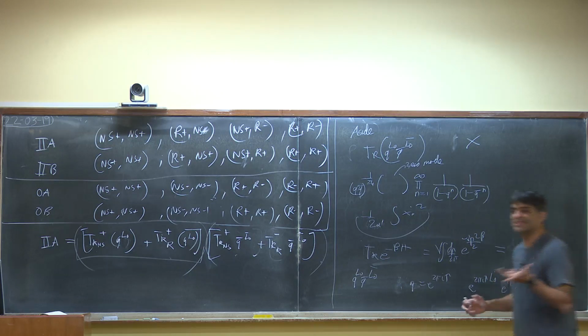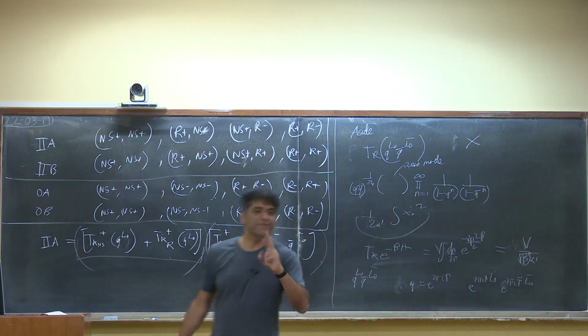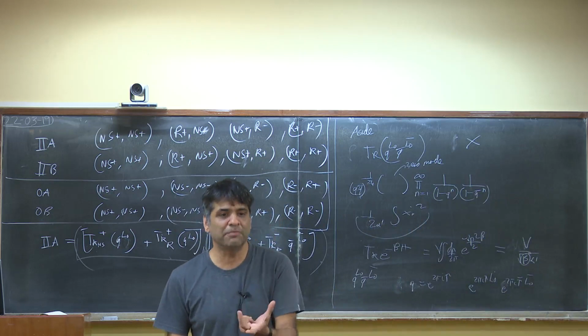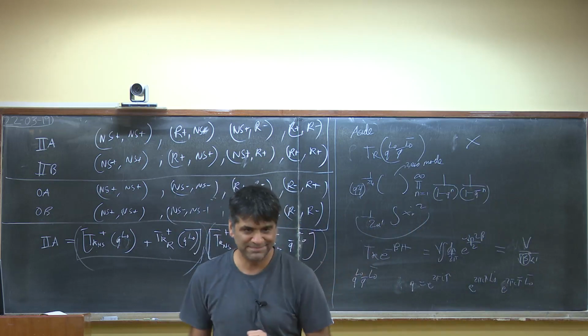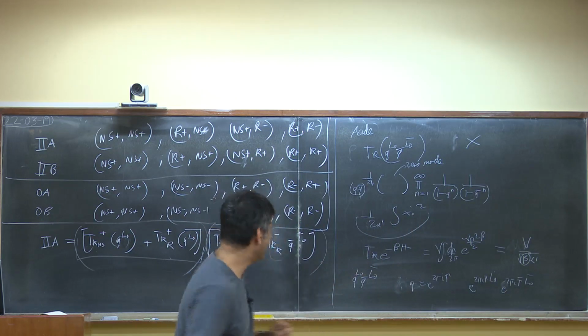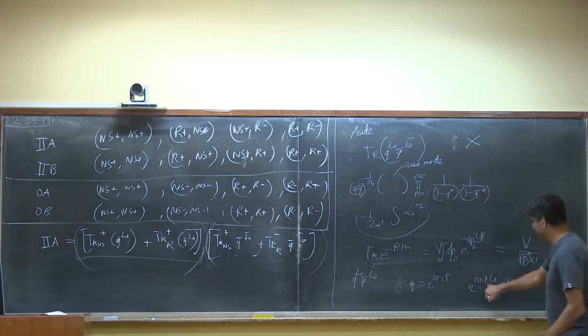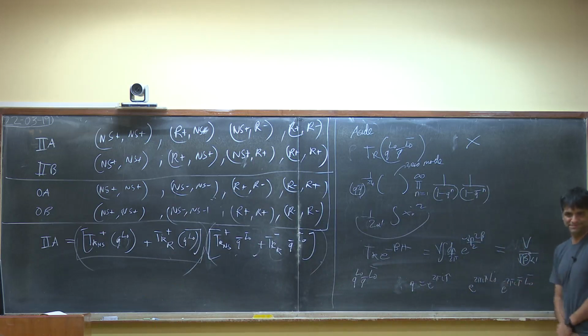So we can write this in terms of the sum and difference of L0 and L0 bar. L0 plus L0 bar is what we call the Hamiltonian here. So you see that the role of beta is played by the imaginary part of tau.